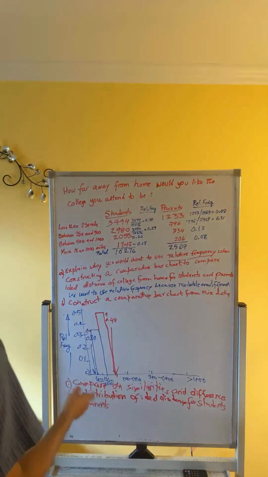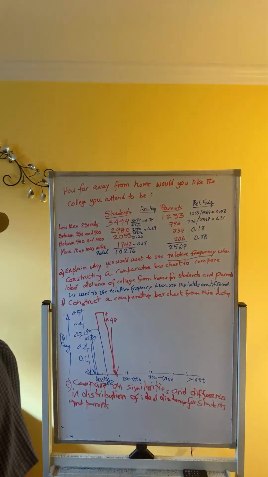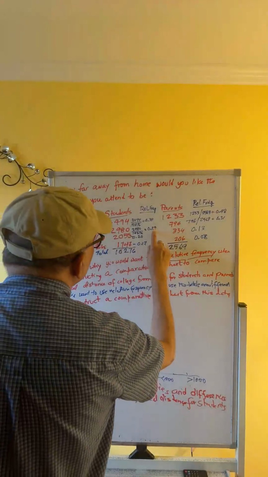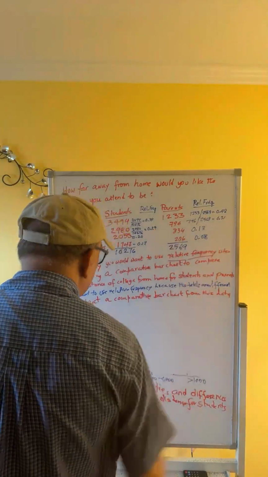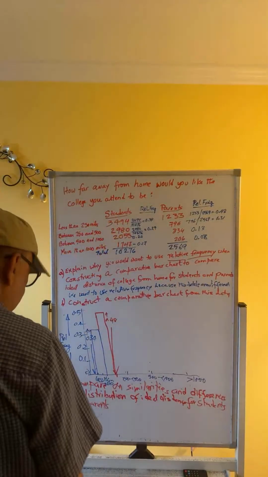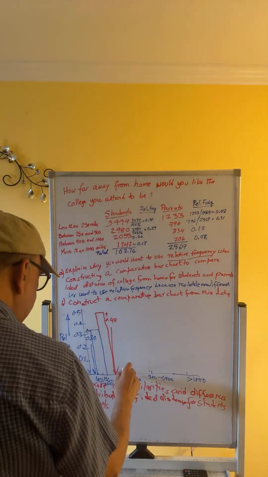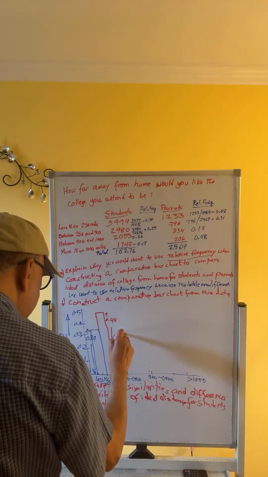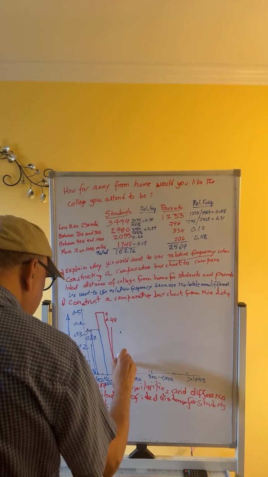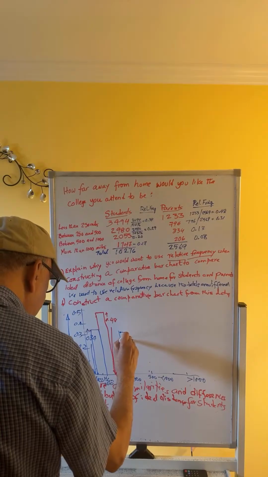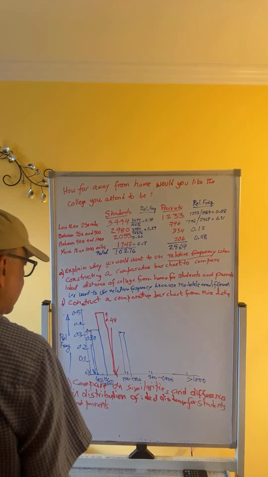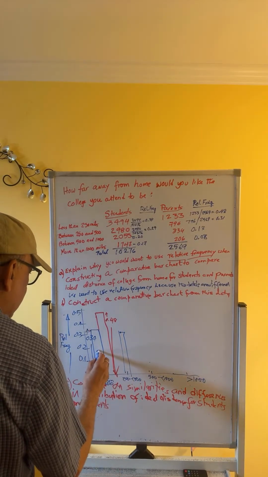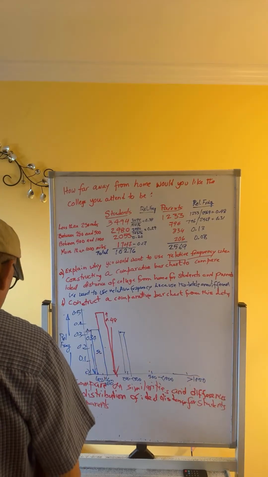Okay. Next one is between 250 and 500. For students it's 0.29, for parents it's 0.31. Okay, so 0.29 is close to 0.3. So somewhere over here is students. So blue is students and red is parents.